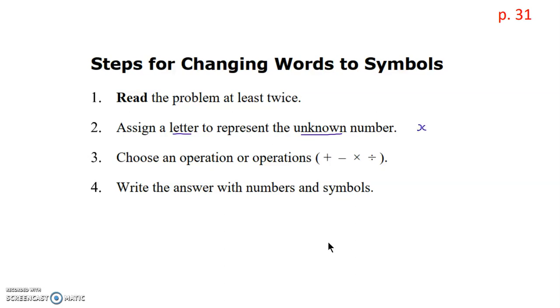You can use X, you can use N, A, whatever you want as your variable. You're going to make choices based on what you read. Is this adding, subtracting, multiplying, and dividing? And then once you've made all of those decisions, you're going to write the answer clearly with the numbers and the symbols, for example, multiplication or subtraction.